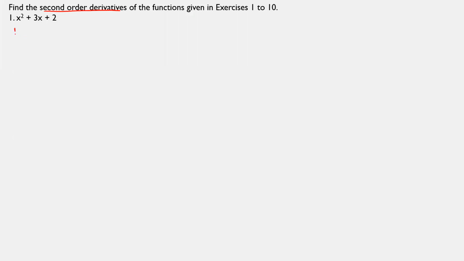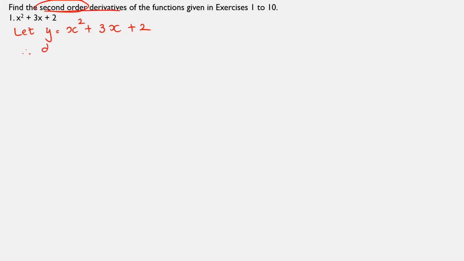So obviously, whenever some function is given, the first thing we do is the naming ceremony. I give the name: let y is equal to x square plus 3x plus 2. Now to find the second order derivative, first of all, at least the first time we have to do derivation on both sides with respect to x.